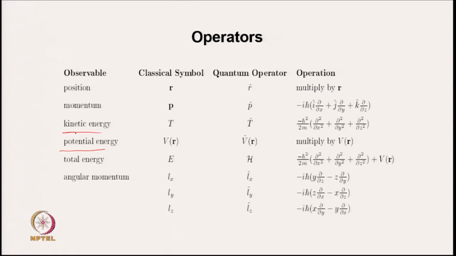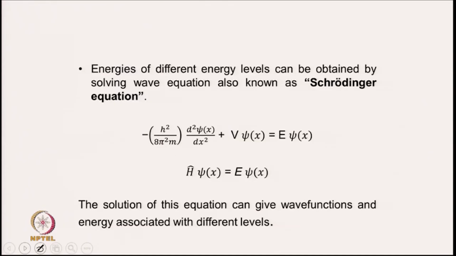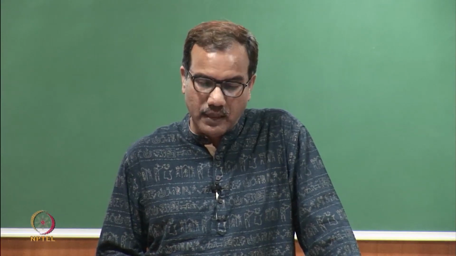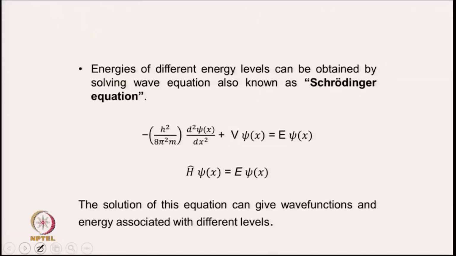Just to summarize, the kinetic energy operator is this double differential, and the potential energy operator is simply multiplication by V(R). If you apply that on a rotational wave function, you can get the energy of different rotational levels. So, energies of different energy levels can be obtained by solving the wave equation, which is known as the Schrodinger equation.